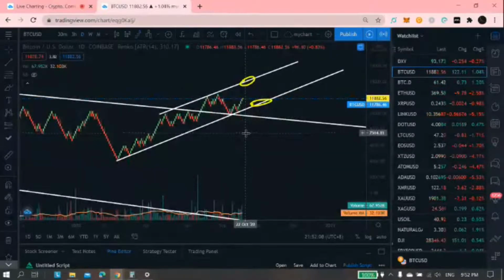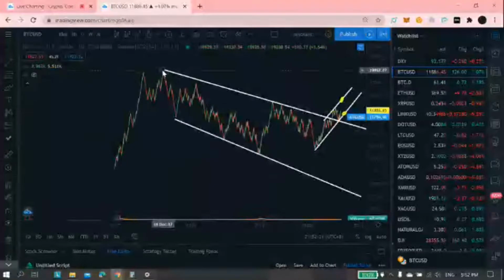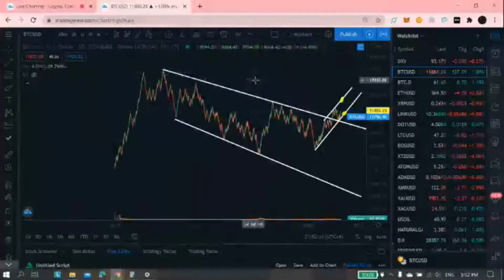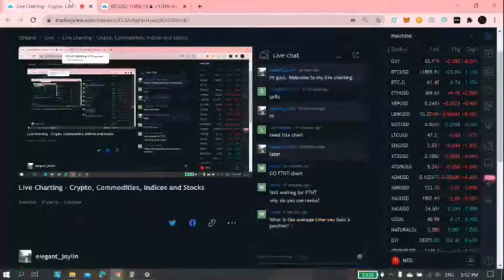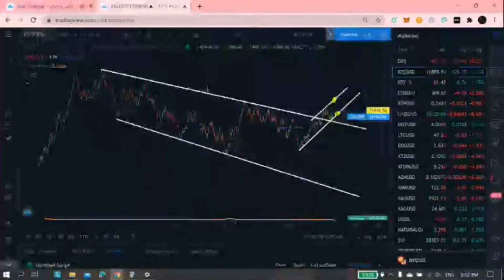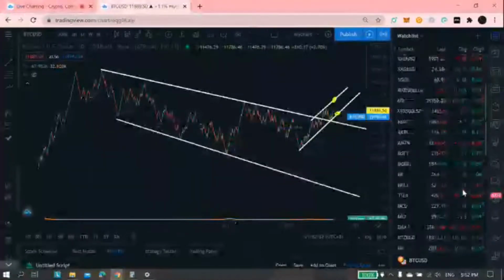So yeah, looking at 20,000, this is the previous high for Bitcoin, right? Around the 20,000 area. So yeah, it depends on what I trade. So what's next? I think I'm done with Tesla.